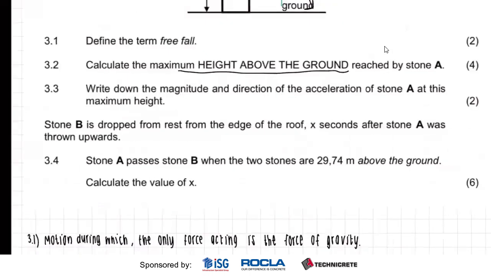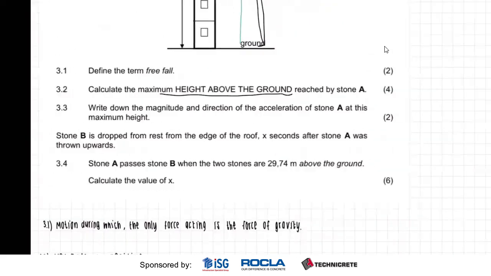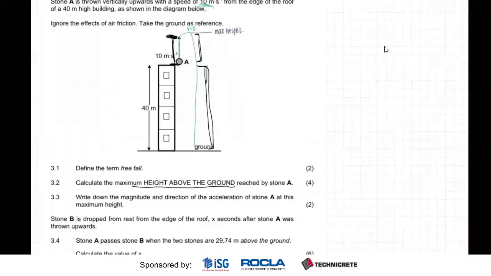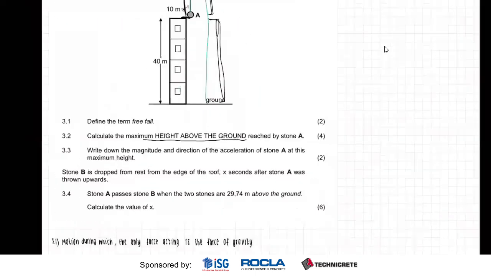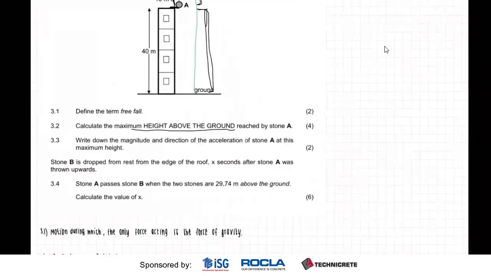Now, our next question says to us, write the magnitude and direction of the acceleration of stone A at this maximum height. So I told you in the beginning that the only force acting on the stone is the force of gravity, which we said when we defined the term free fall, because the stone is in free fall.